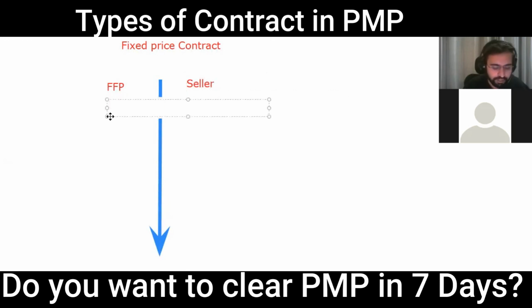As we move to fixed price incentive fee, the risk is decreasing on the seller. As we move down, the risk is decreasing on the seller. Then we have fixed price economic price adjustment, and the risk is also decreasing.